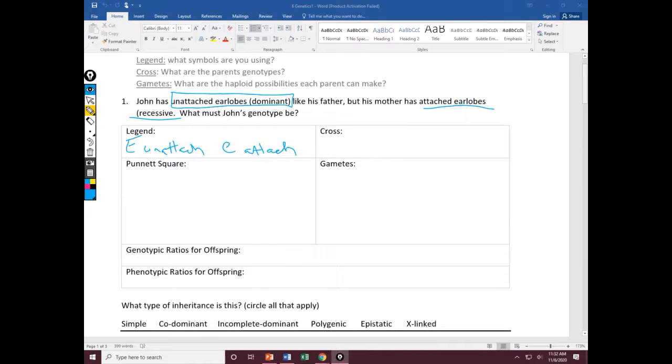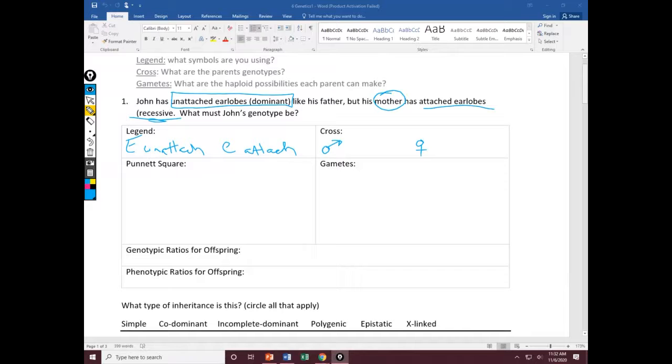Okay, so for the cross then, I have a male and a female. Mom, she's right above me, we'll go ahead and look at her, has attached earlobes. I know if you're attached, you're recessive.